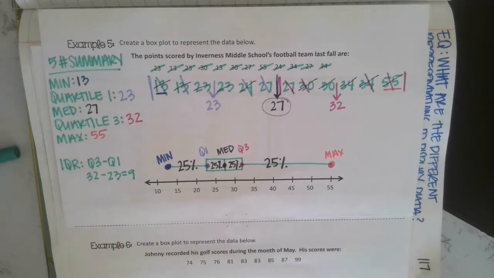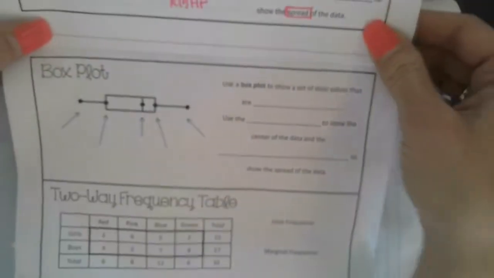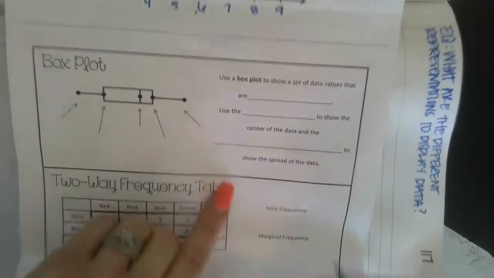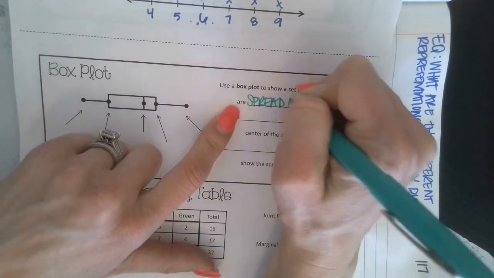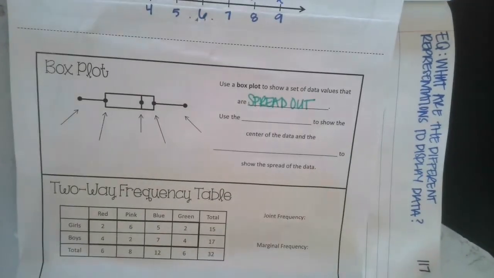So let's go ahead and look at when we use this, our overview of box and whisker plots, on our last page. Okay, so here we go. We use a box plot to show a set of data that are spread out. Unlike a histogram, we could use a box plot for data that's spread out, because you just saw on the last one that it doesn't really matter how spread out the data is.